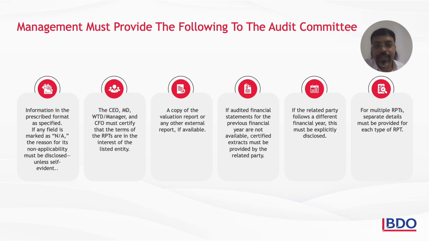The next part is that the terms of the RPT are in the interest of the listed entity. The CEO, MD, full-time director, manager, and CFO have to certify this, and that certificate should be given to the audit committee.